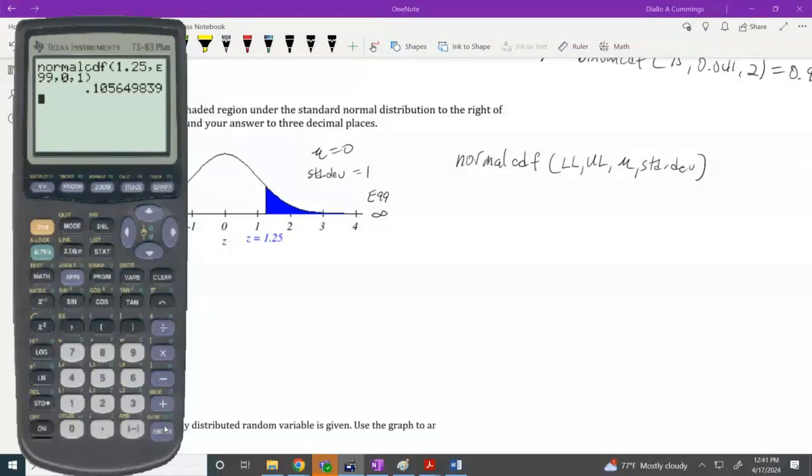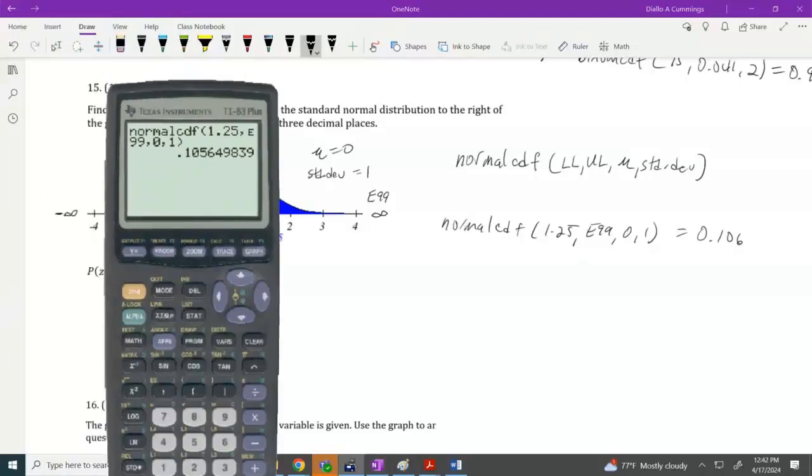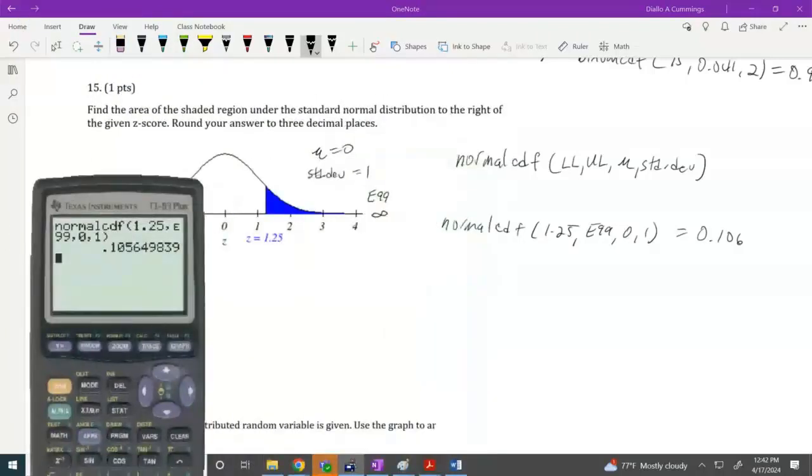And then we have our area, which is 0.106. So 1.25, e to the 99, 0, 1 is 0.106. All right, any questions about number 15?